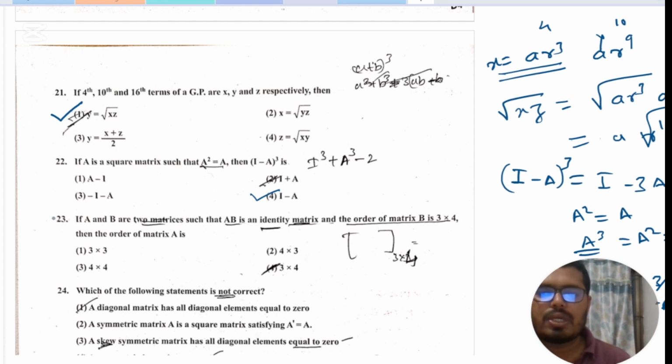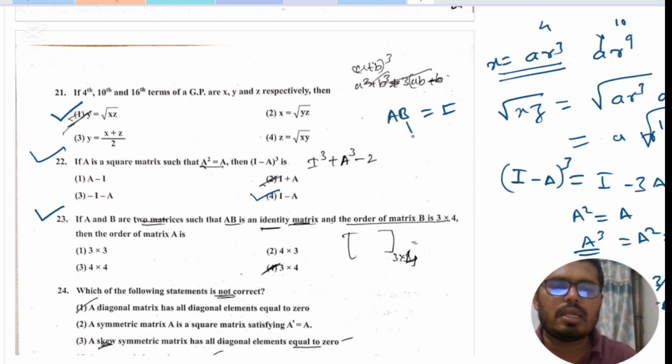Okay, next, question number 23: if A and B are two matrices such that AB is the identity matrix, then what is the order of matrix A? They have given AB is equal to identity, and the order of B is given as 3 by 4. Since AB is well defined, B has 3 rows, this implies that A also has 3 columns.